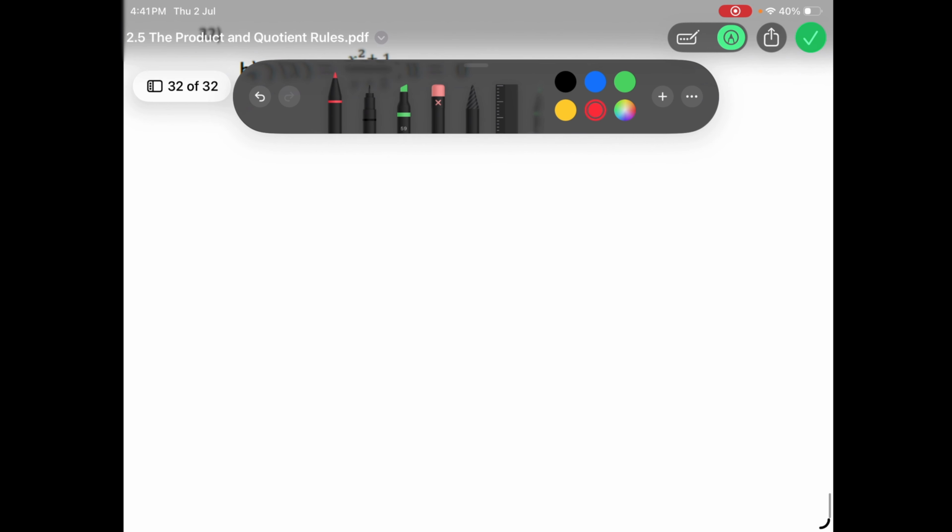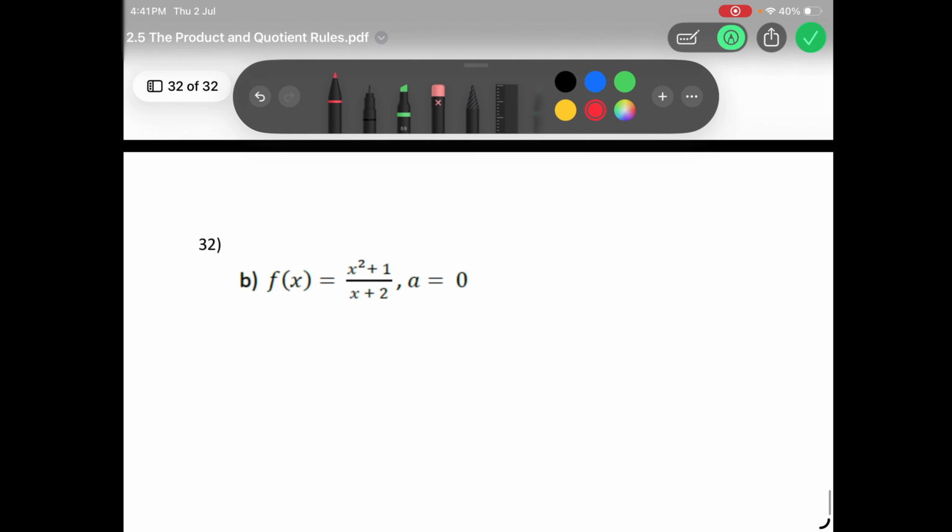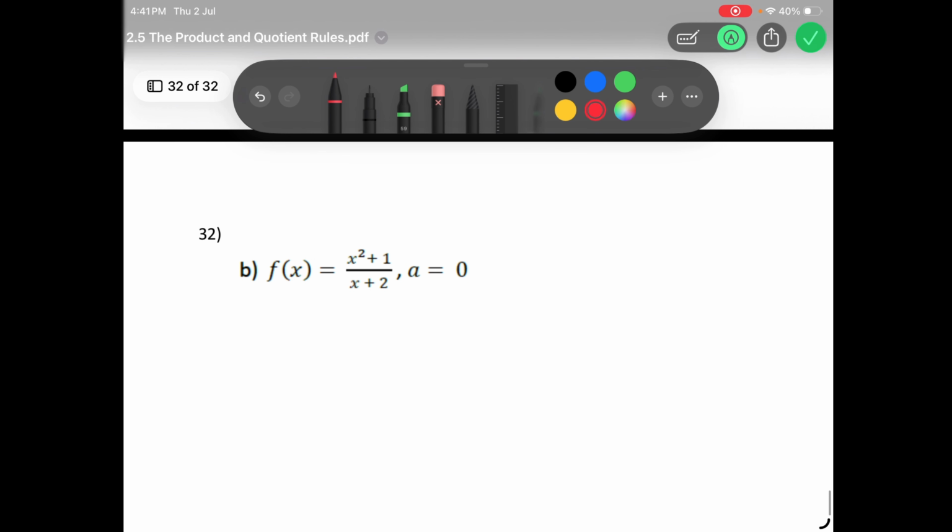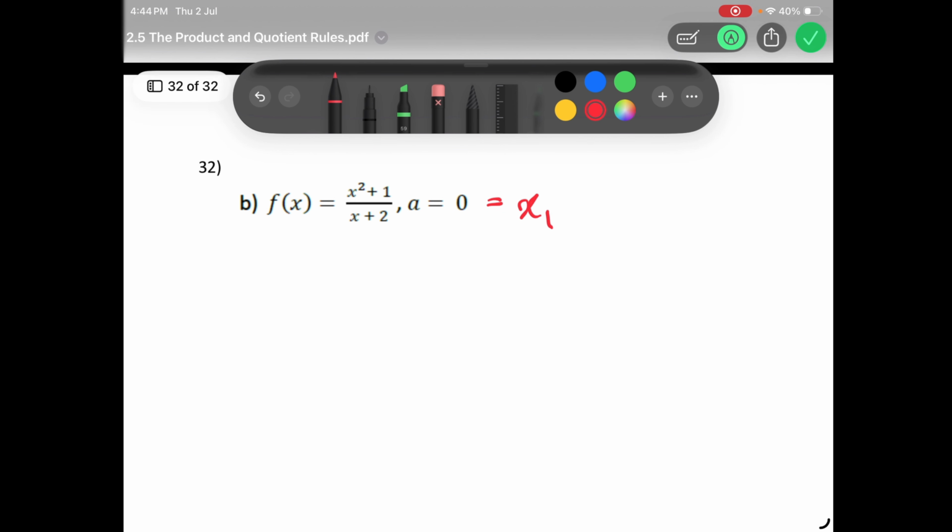And the very next example here, and the last one in this worksheet, again it's to find the tangent line at a equals 0, and this 0 here represents x1. So okay guys, here we have f, and we need f prime, of course, to find the slope. Here we will apply the quotient rule.